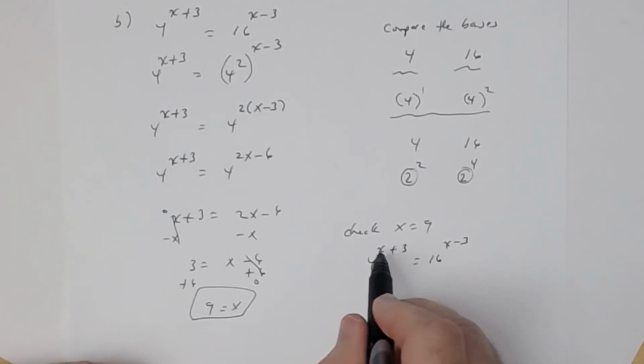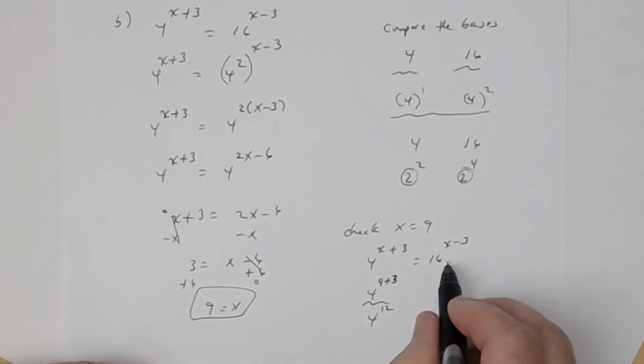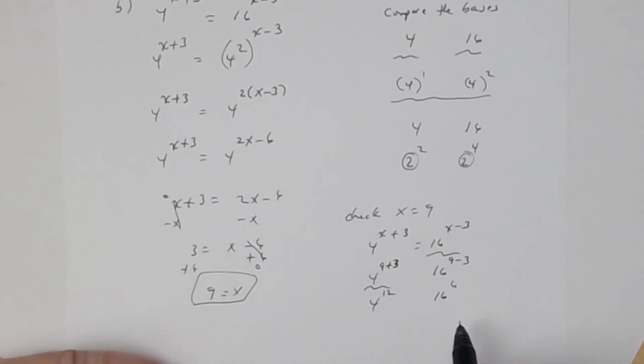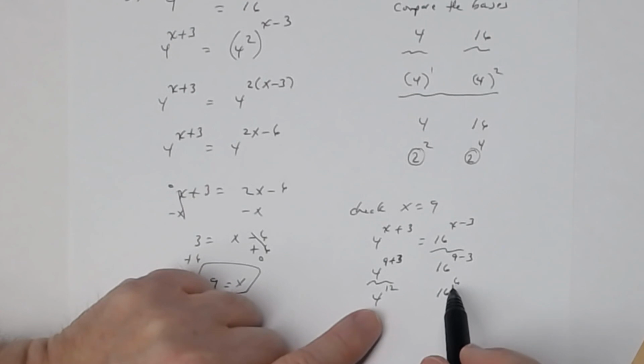9 plus 3, right? So you get 4 to the 9 plus 3, which is 4 to the, what, 12th power? And over here, this becomes 16 to the 9 minus 3, which is 16 to the 6. All right, you may say, well, just like in the previous problem, I still don't know if those are equal.